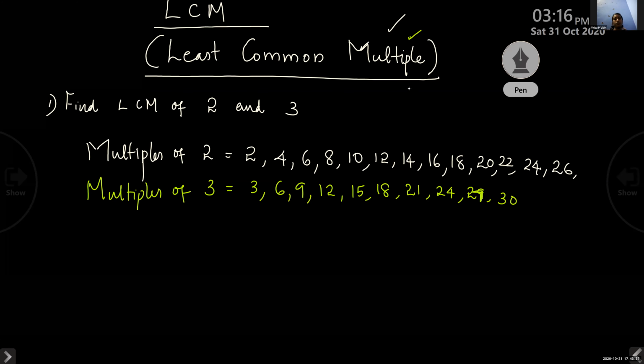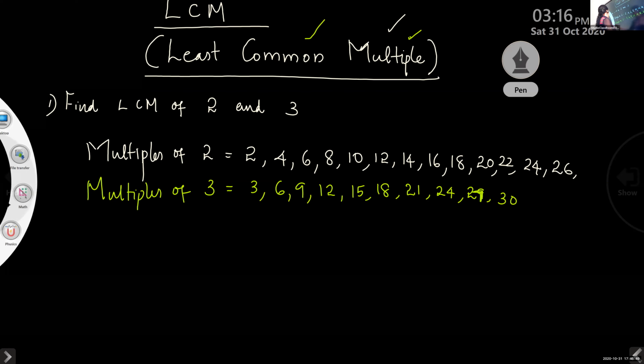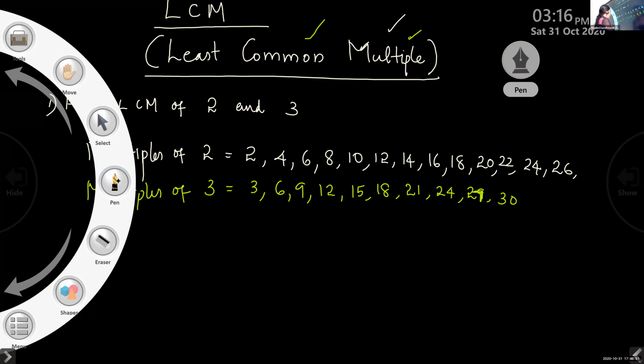Okay, children, what do you mean by common? Same. Ma'am, the multiples which are common to these two numbers. Okay. Can you find the common multiples from this? Ma'am, 6 is in both 2 and 3.